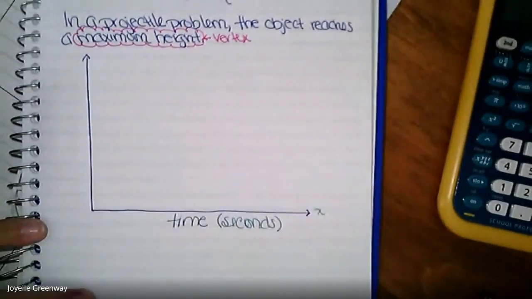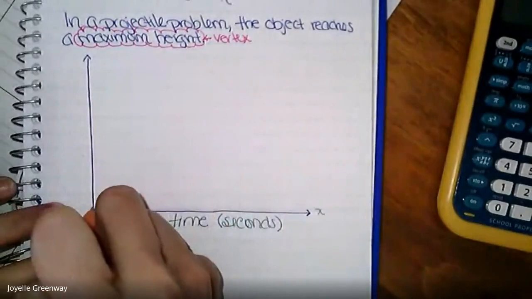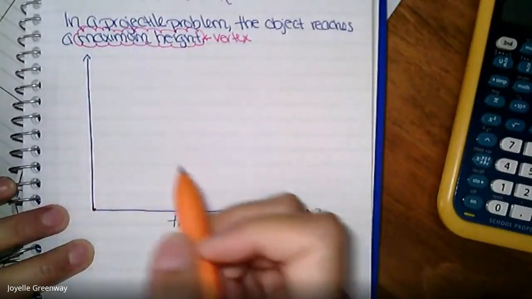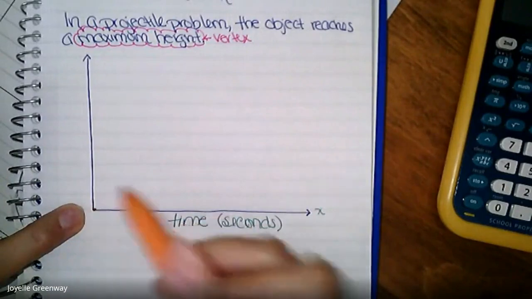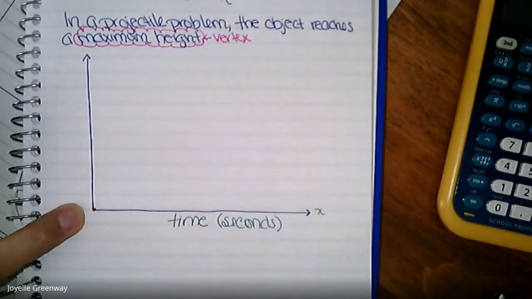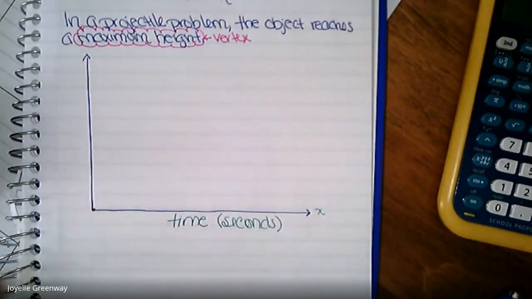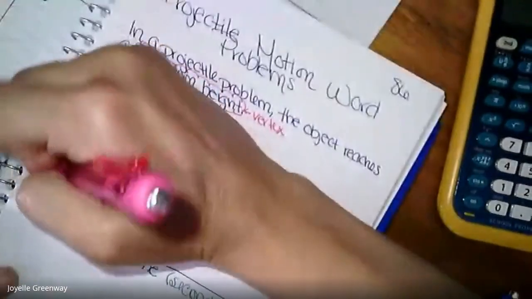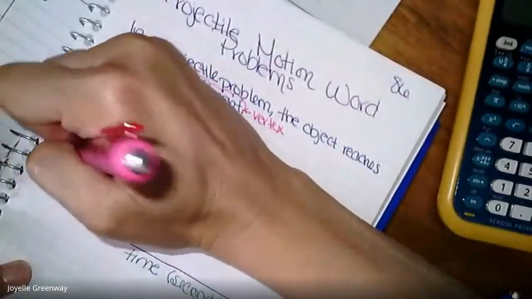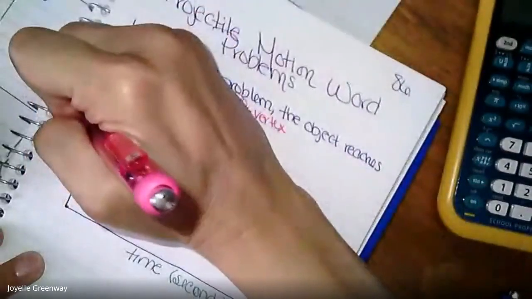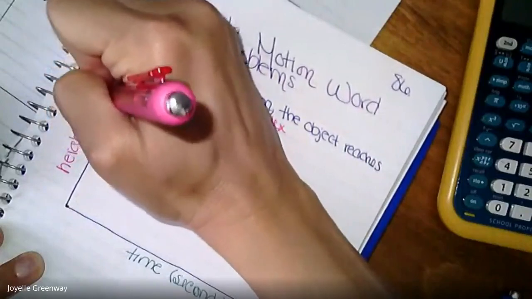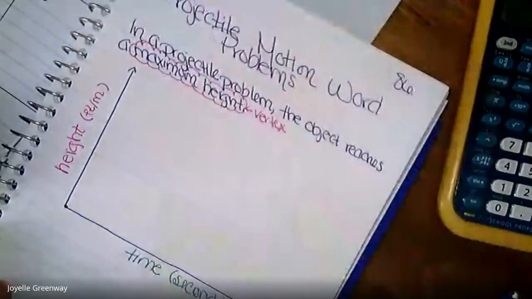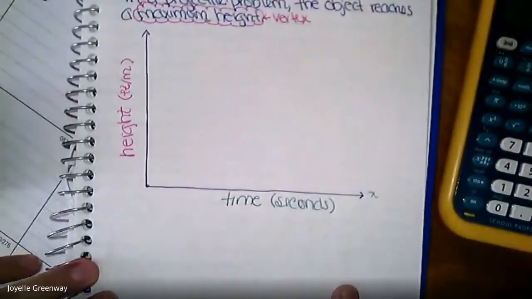So let's use the soccer ball. You're going to start at 0 seconds, and on this axis over here, you would have your height. Again, the label for that varies. Sometimes it's feet, meters, whatever it is, so you need to read your problem there.